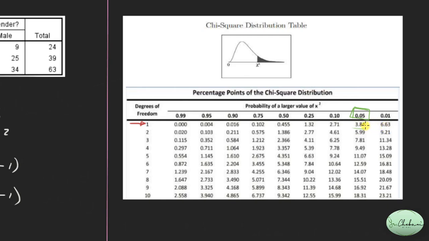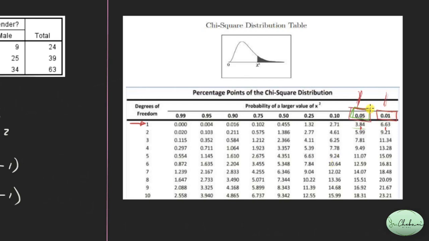Remember, these tables are estimates. Our calculated chi-square value, our test statistic, lies somewhere between 3.84 and 6.63. Those two numbers correspond to p-values of 0.05 and 0.01.